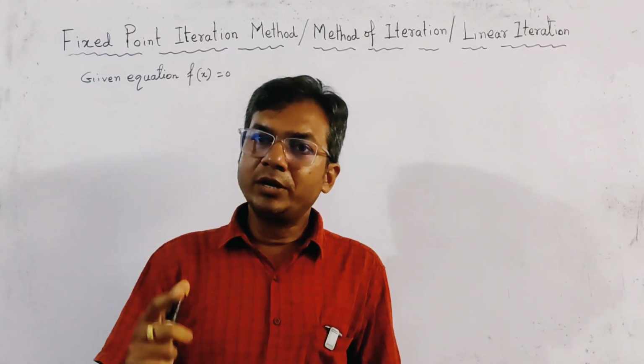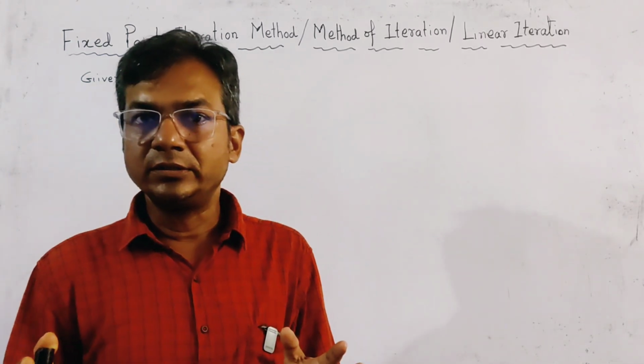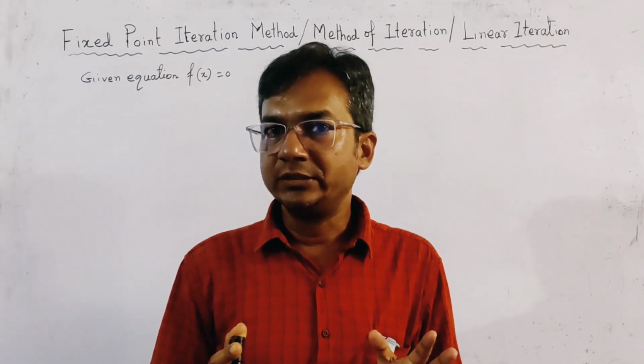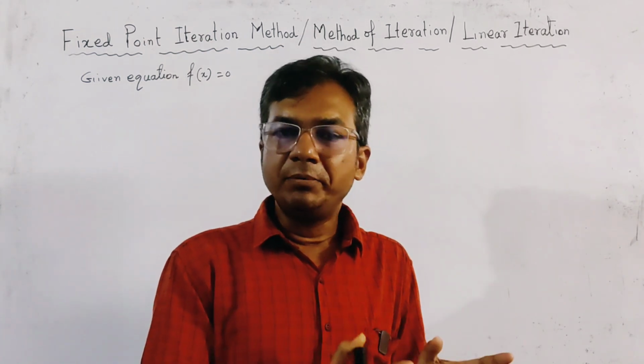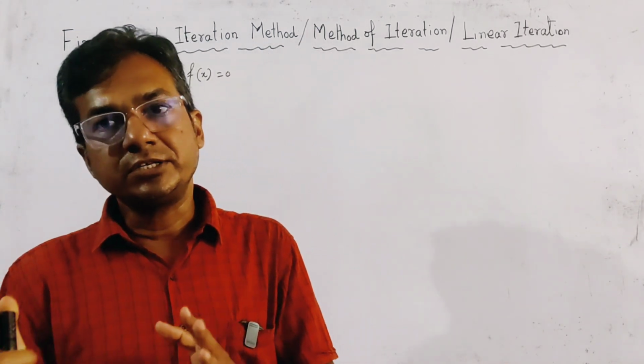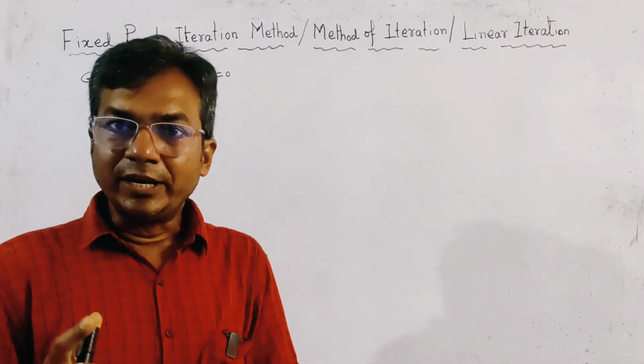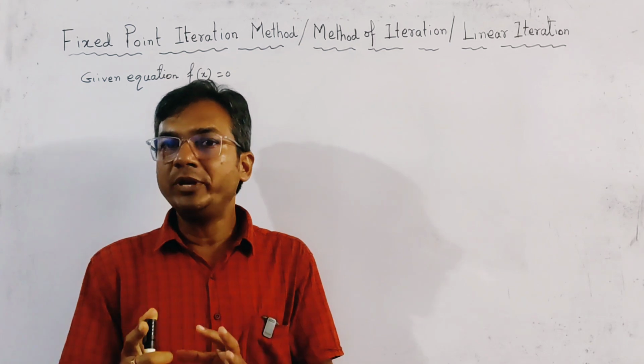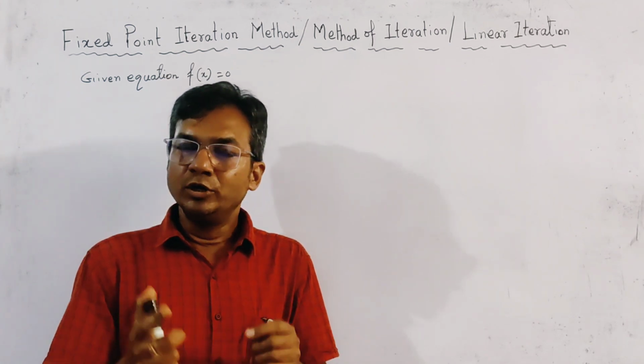When we are not able to find the exact solution of any type of equation, that is any algebraic equation or any transcendental equation, then we get the help of numerical methods.